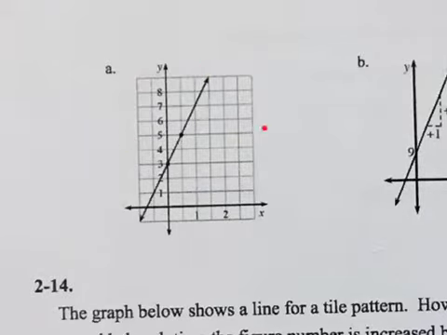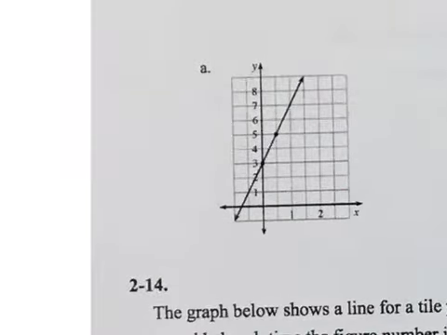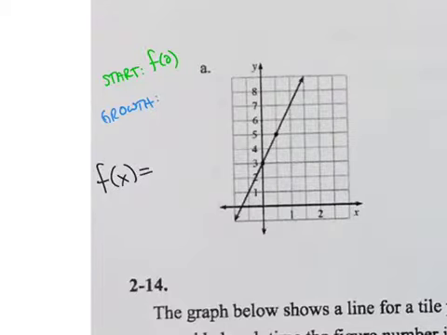That's on the second page of the packet, and this graph, the instructions were to analyze the graph and to find the starting value and to determine the growth rate and then to write the function equation that inputs x figure number, and outputs the number of tiles.